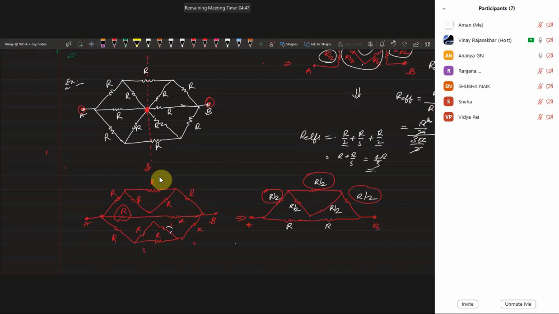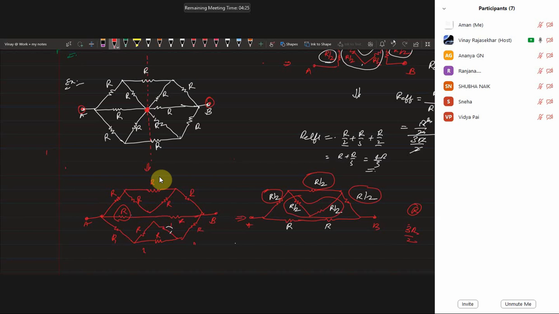Now listen. These two are in series, then calculate effective resistance R. Then this R and R by 2 are in parallel, therefore 3R by 2. Now 3R by 2, R by 2, R by 2 are in series, therefore 5R by 3.